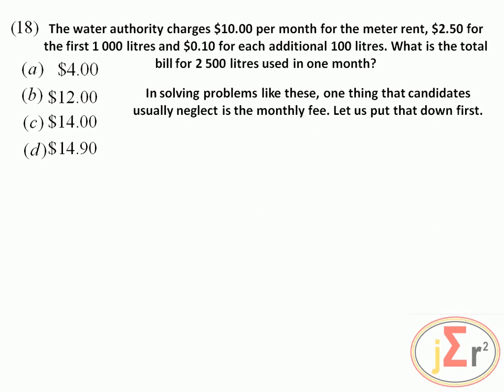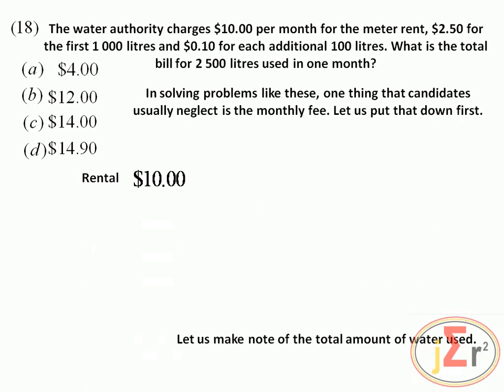And if they include it, sometimes they include only one. In this particular problem, we are just being asked for a single one. Therefore, we have no problem progressing with that. So we will put the rental down first.